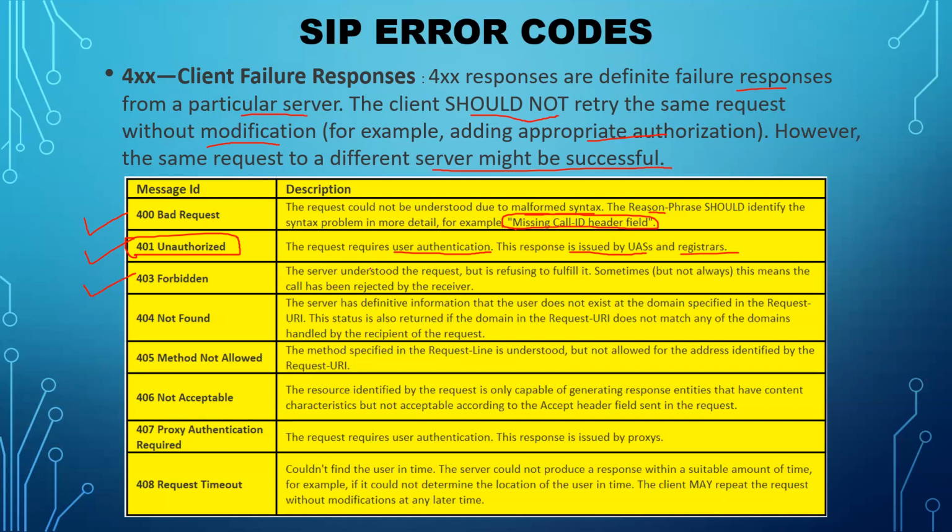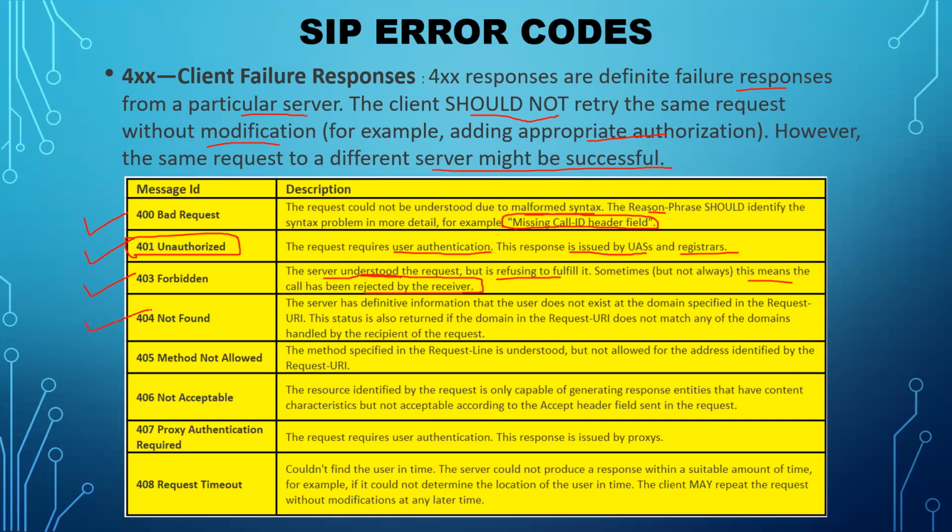This means the server understood the request, but it is refusing to fulfill it. Sometimes, but not always, this means the call has been rejected by the receiver. The server understood the request, but it doesn't want to take it. It's just refusing.